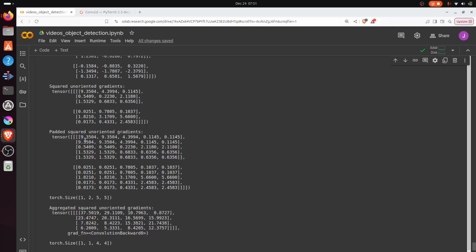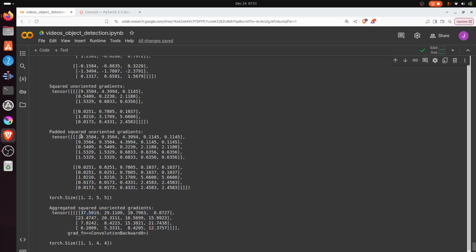Let's first perform the sum of this top left corner. We're going to take these 4 numbers and add them to these 4, and we should get this number right here if we were correct.